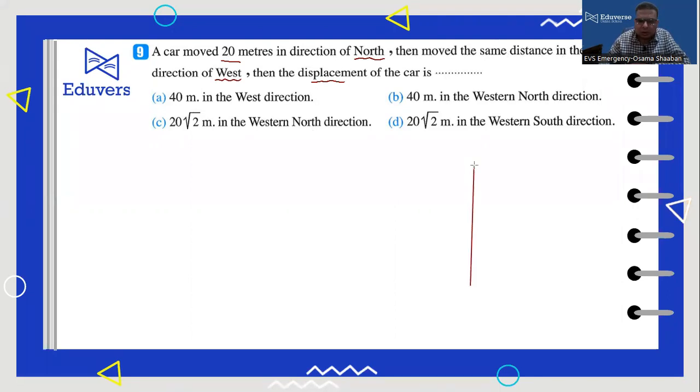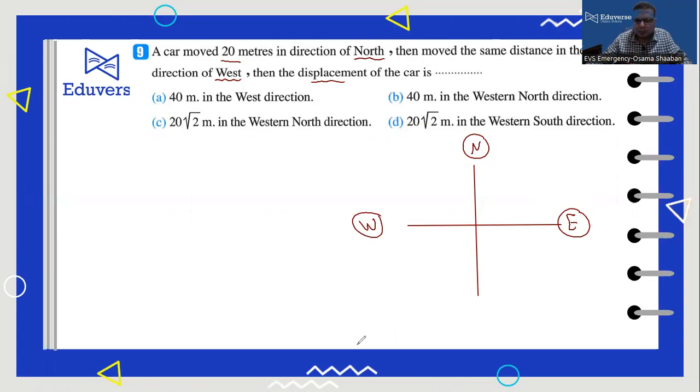You know in the directions, north here, east and west here, and here, south. So you have the four directions now.